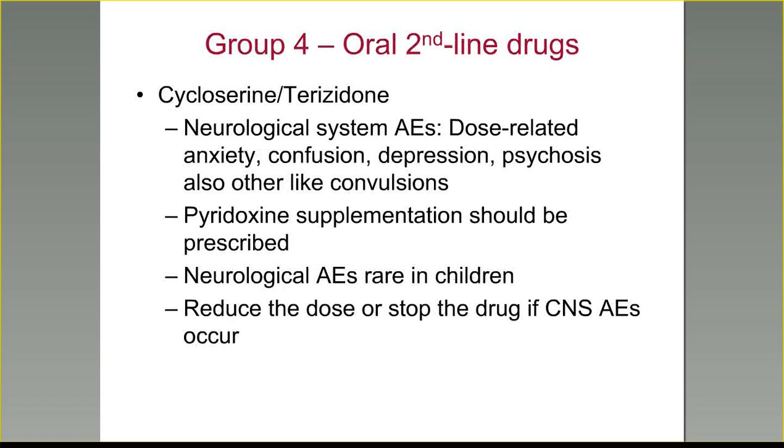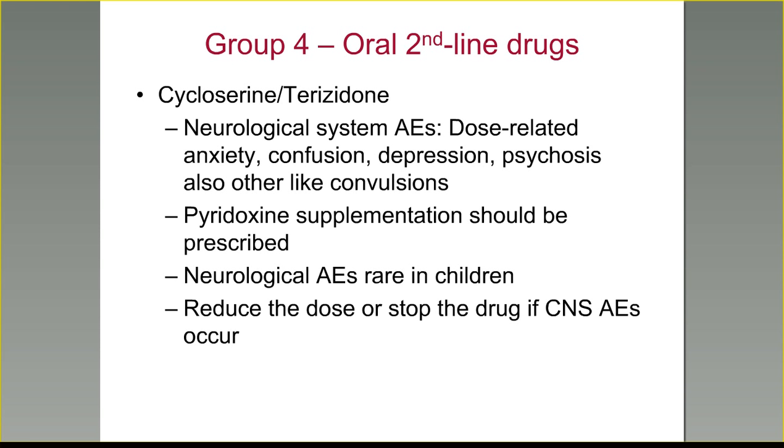So the second drug that we commonly use is trazodone, and in other countries it will be mainly cycloserine. The adverse effects of these drugs, which are similar, are mainly neurological. It is dose related, so the higher the dose, the more commonly it occurs.